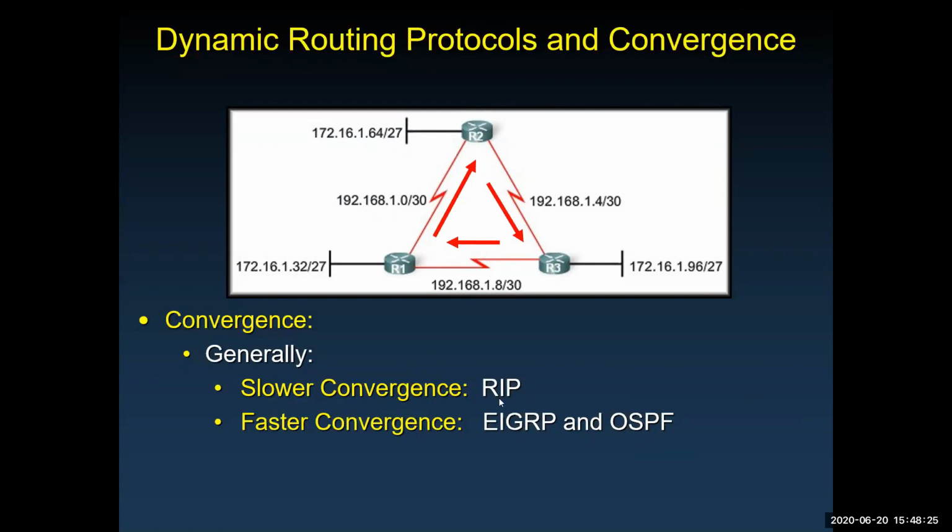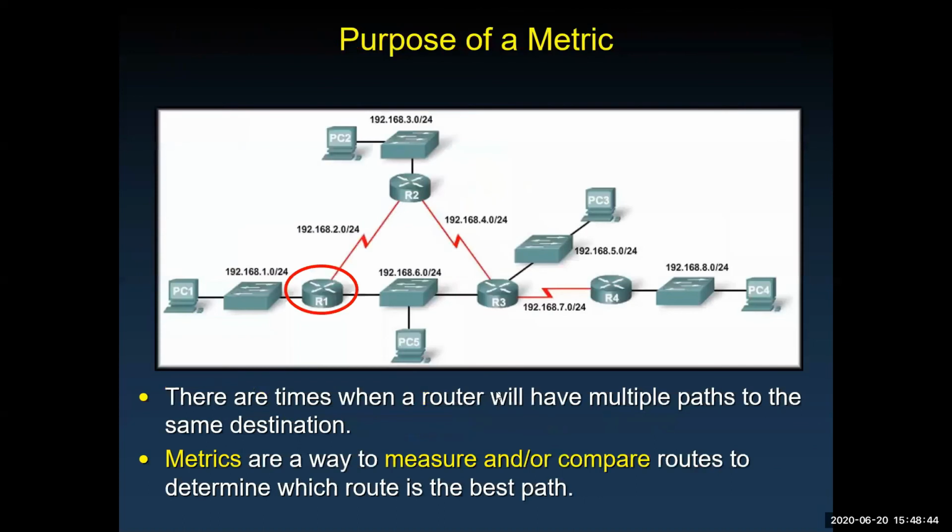Same with RIP. The problem with RIP is that even if the link is very, very fast, it won't utilize it. Even if it's 10 gigabit, it won't use it, because it follows its protocol of choosing the closest. That's why RIP is slow.